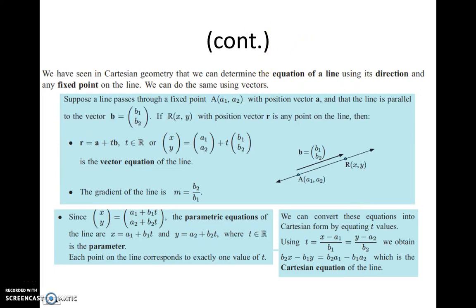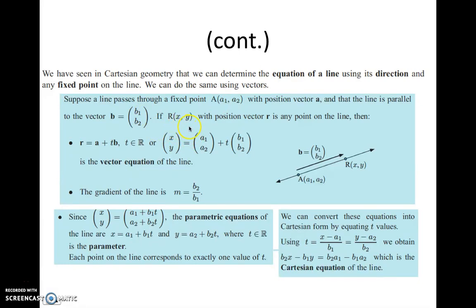So we've seen that in Cartesian geometry we can determine the equation of a line using its direction and any fixed point on the line. We can do the same using vectors. Suppose a line passes through a fixed point A(a1, a2) with position vector a, and that the line is parallel to the vector b = (b1, b2).